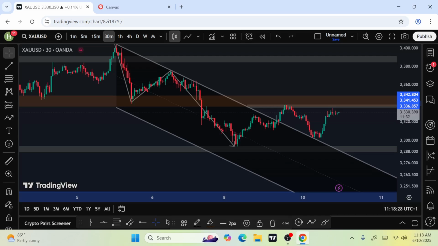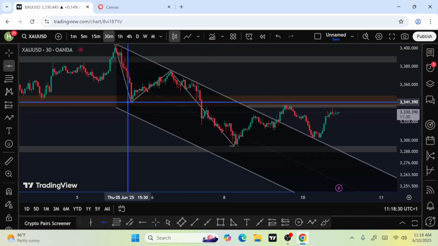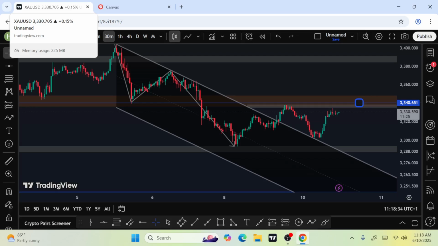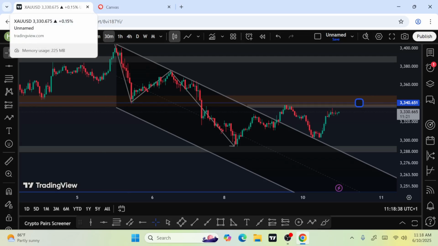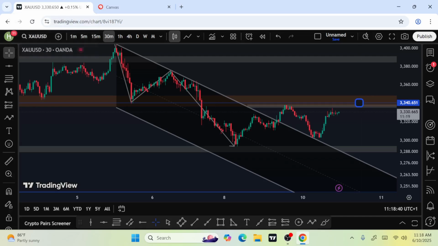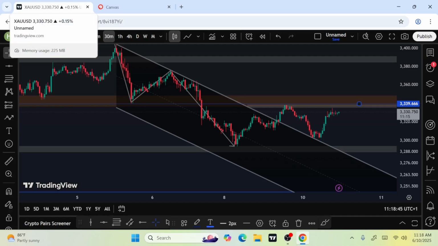Now, do you see it now? To this point, did the market retrace to that point? Yes, it got there. See, I'm looking at this point. Now the market came all the way down and went up, breaking outside the downtrend to make sure that it definitely comes to mitigate with this.